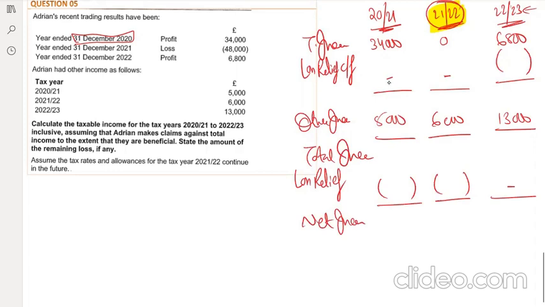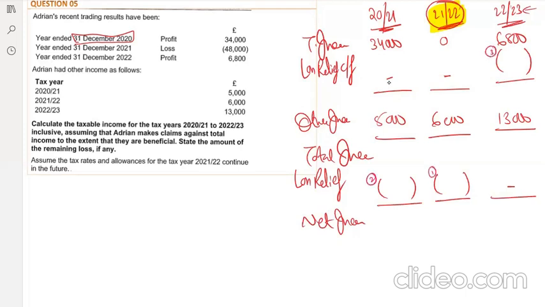And we know, as soon as possible, is it written as soon as possible? No, it's not written, but it's written that he claimed against total income. So first this one, second this one, and this is the third one.